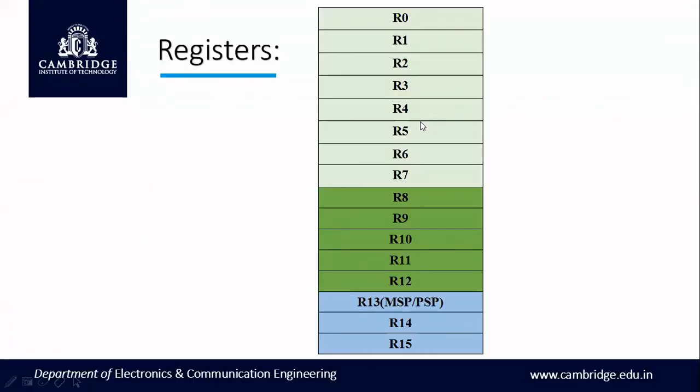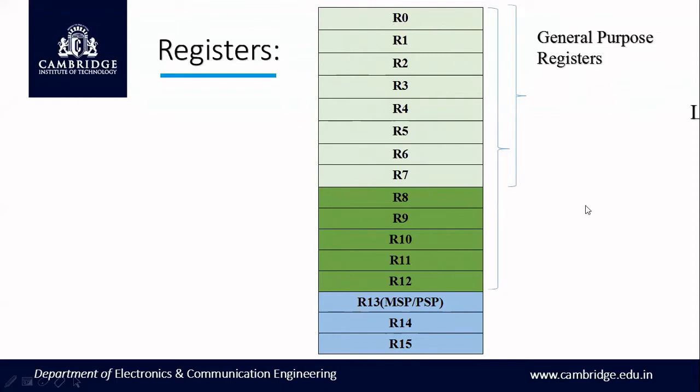So Cortex M3 processors have a register bank of 16 registers, R0 to R15. Out of this, R0 to R12 are general purpose registers. In this set again, we have R0 to R7 as low registers and R8 to R12 as high registers.